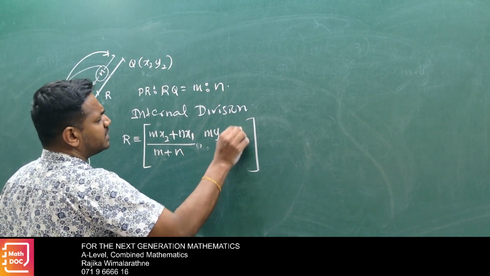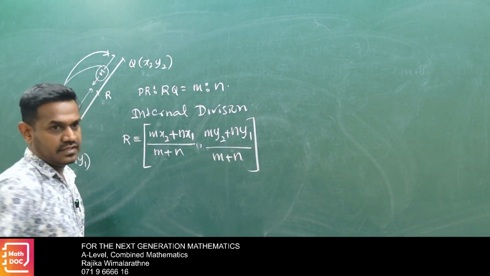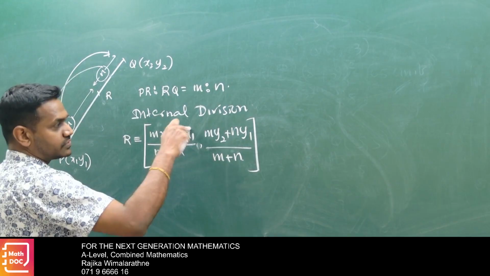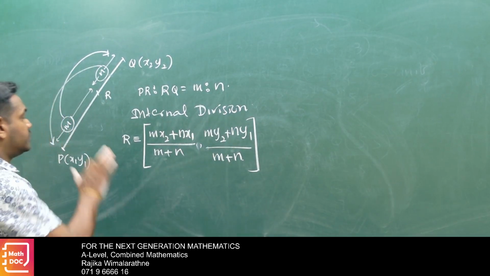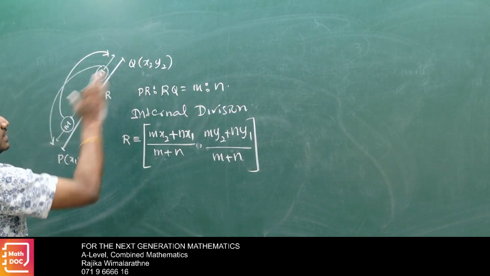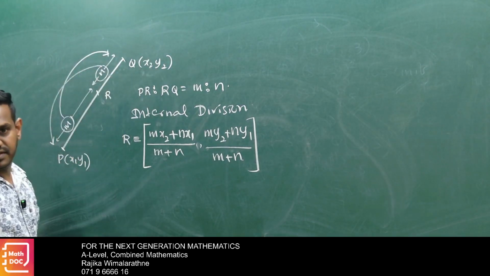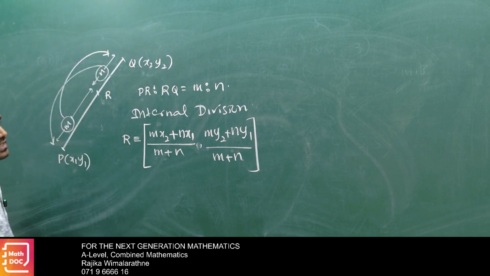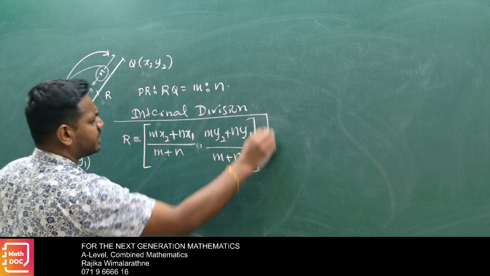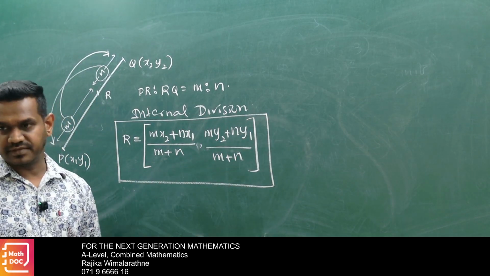Remember the pattern: x coordinates come with x coordinates, y coordinates come with y coordinates. You multiply m with the non-related one: mx2 plus nx1 over m plus n, and similarly my2 plus ny1 over m plus n. This is the internal division point. Okay, put that one, then we can do examples.